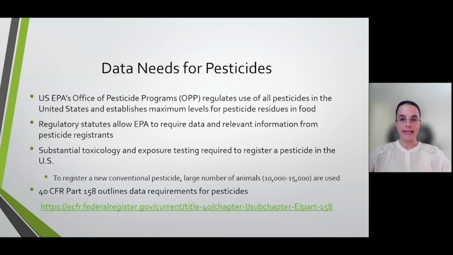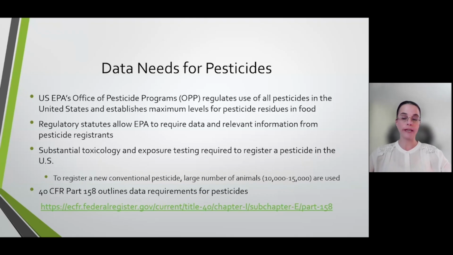So as far as data needs, the Code of Federal Regulations outlines our data requirements, and they're dependent on the expected use pattern for the pesticide of interest. For example, there are different requirements for food versus non-food use pesticides. These requirements also depend on the expected route and the duration of exposure of the pesticide of interest.